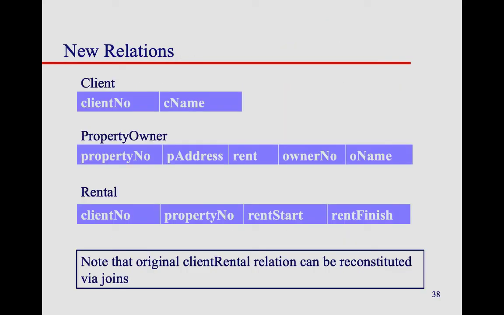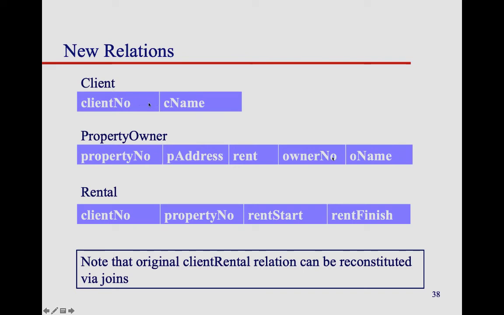Okay, so in this case, we end up with two new relations, client and property owner. So two of our entities were removed from here, and in fact, this lease relation is looking pretty good now, but we still have an issue.